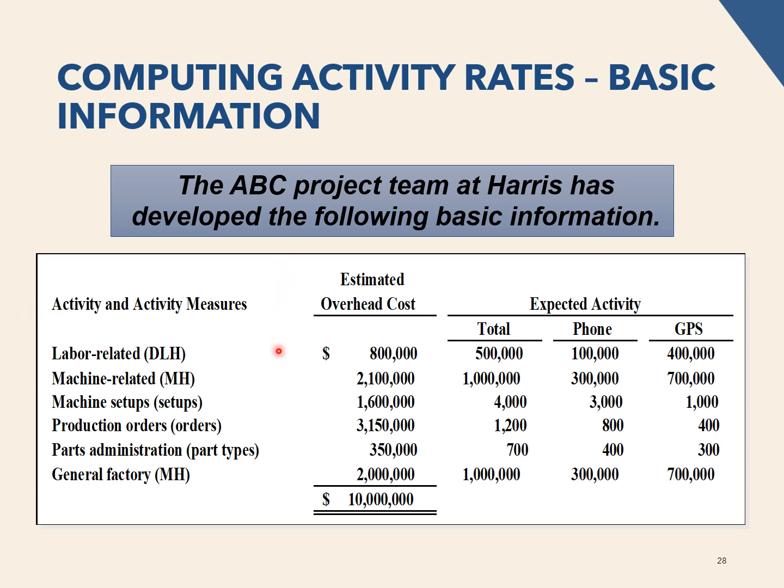The second column is the estimated overhead cost. The third column is the expected activity for both phone and GPS. Please remember this is the activities, this is the total cost, and this is how the activity is measured.